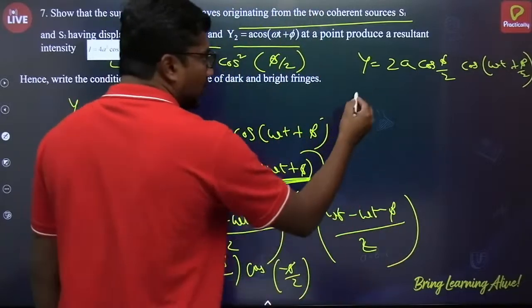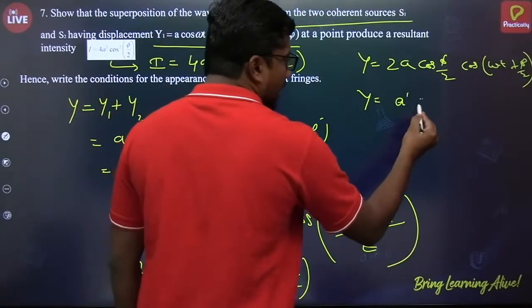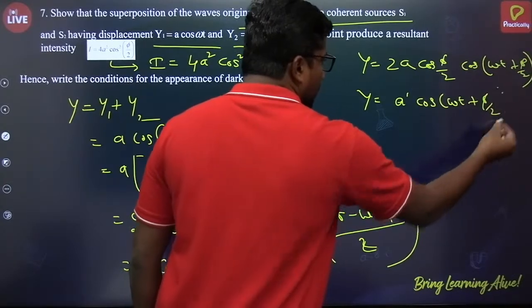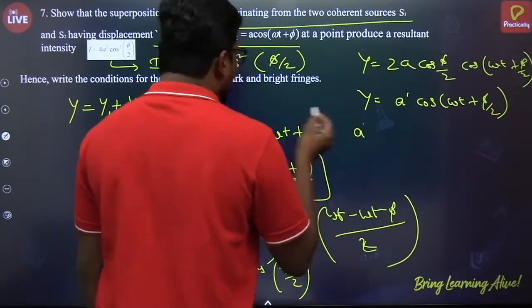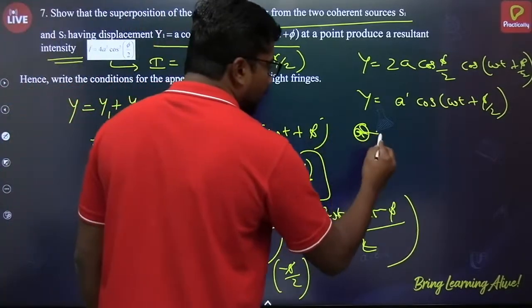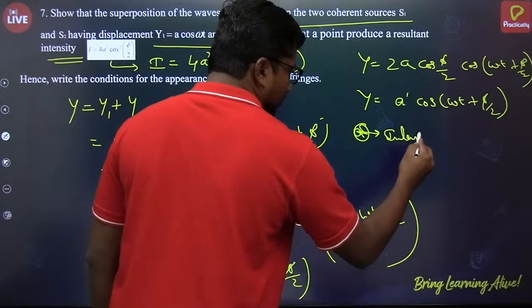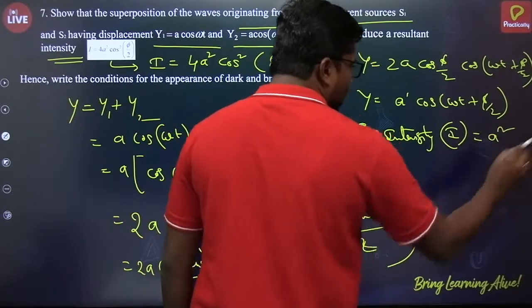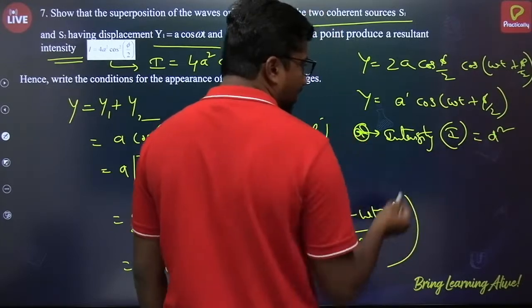So this is in the form y equals a dash cos of omega t plus phi by 2. So the amplitude is a dash. Here what they are asking is intensity. So how can we write intensity? A square in terms of a square. As I said, a dash here, so a dash square.